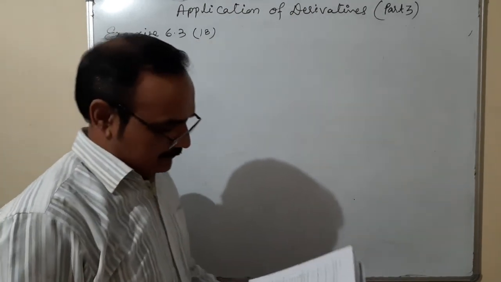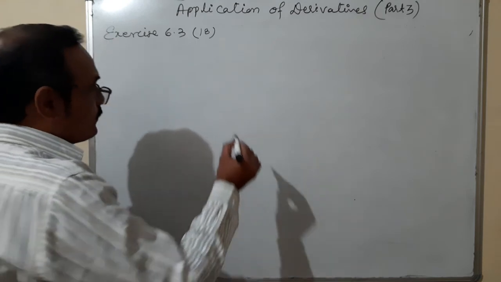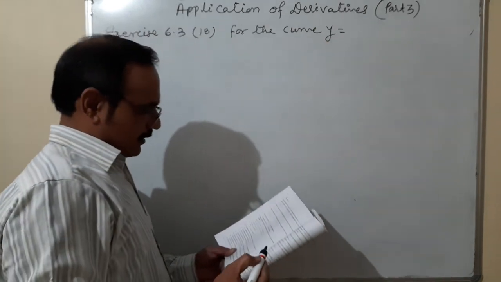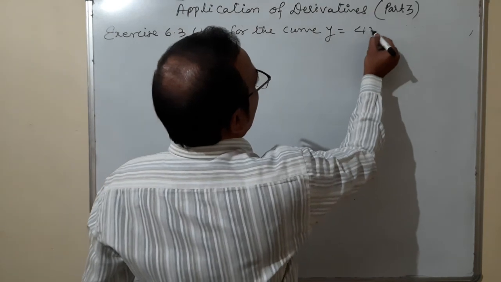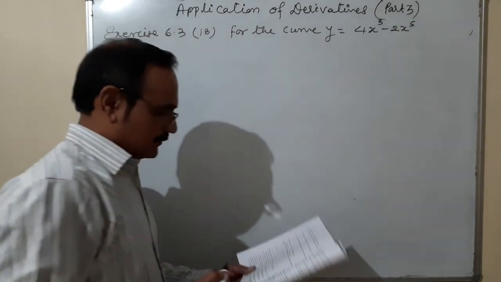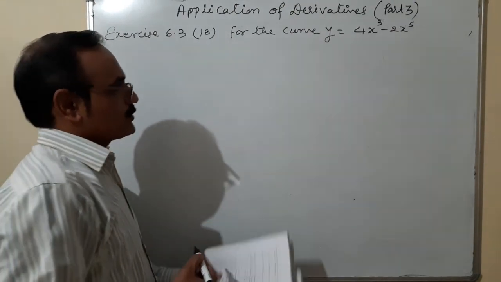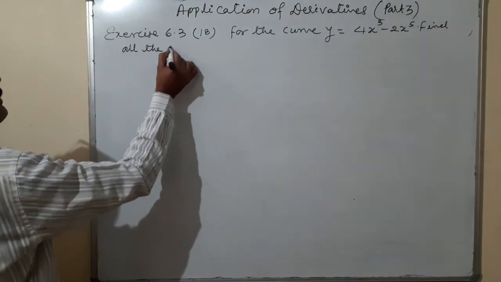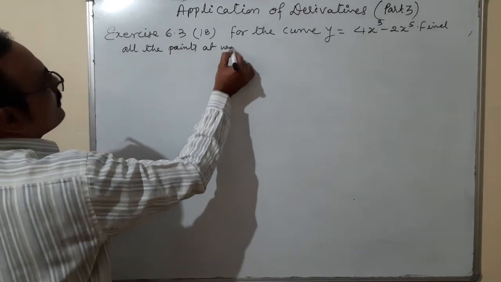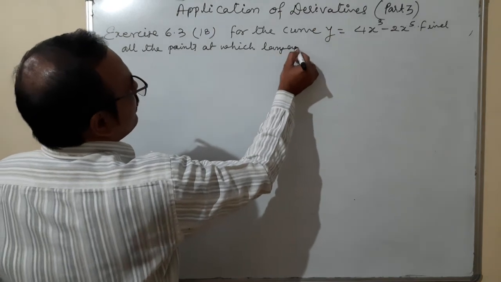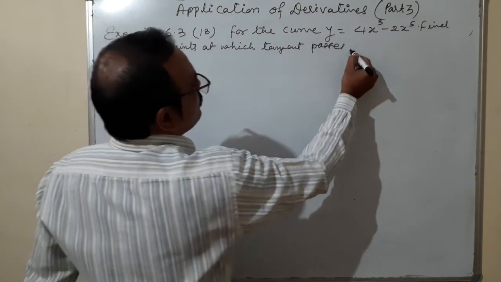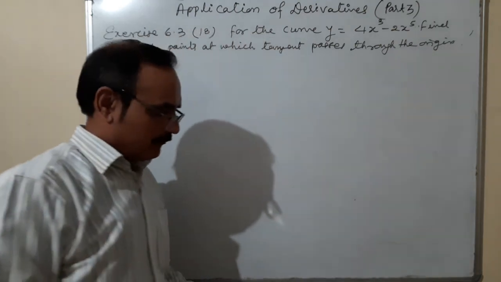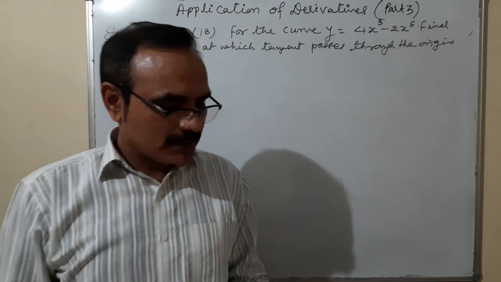Question number 18. For the curve y is equal to 4x cube minus 2x to the power 5, find all the points at which the tangent passes through the origin.